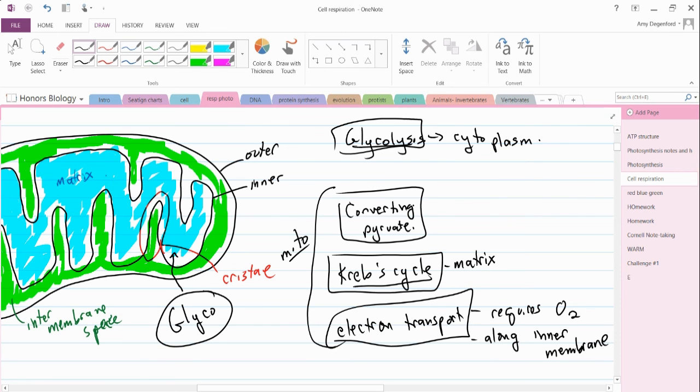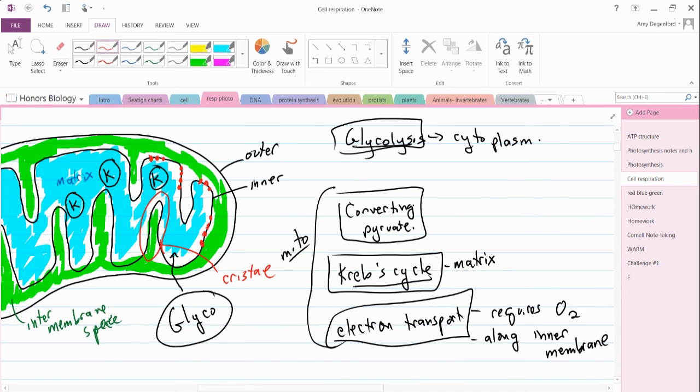And then the Krebs cycle would be inside here in the matrix, and there's multiple Krebs cycles as well as multiple glycolysis reactions happening. And then the electron transport system is going to happen along this membrane, which again should somewhat remind you of what's happening in the thylakoid membrane of photosynthesis. And we've got a lot of these happening right there.